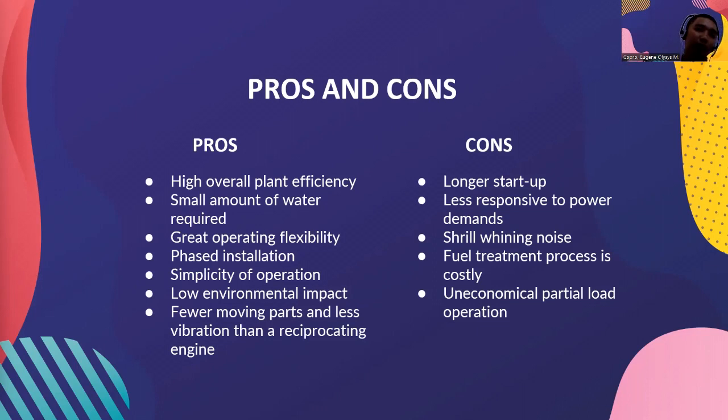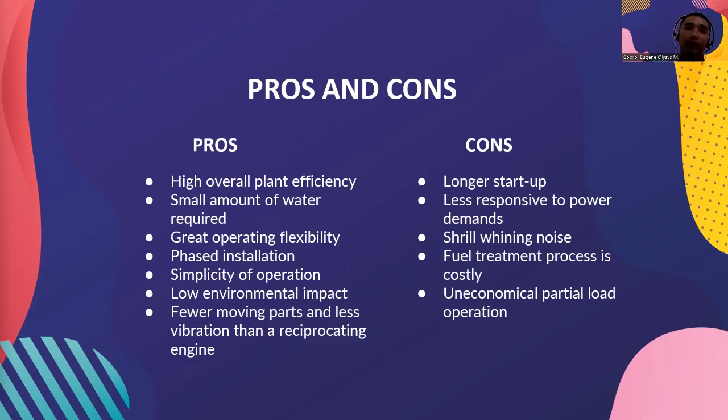And the fourth pros is phase installation because the gas turbine can go into operation much sooner than the steam plant, and installation in this stage is possible. And the gas turbine plant can keep on generating power as the steam plant is under construction. And this makes it possible to adjust to the growth in demand for energy in the grid.